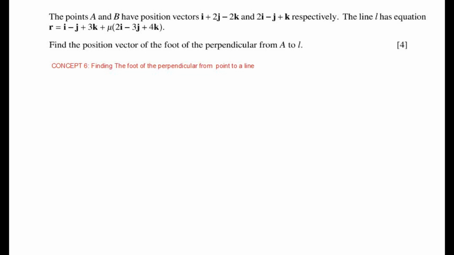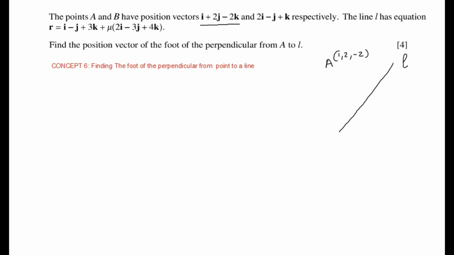I'm just going to draw that to demonstrate. So you have a line L and you have a point A whose position vector is given to us right here. Since the position vector is i plus 2j minus 2k, the coordinates of A are also known to us, which is 1, comma 2, comma minus 2.